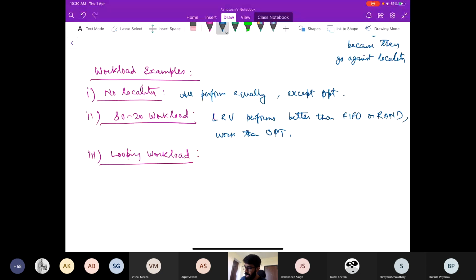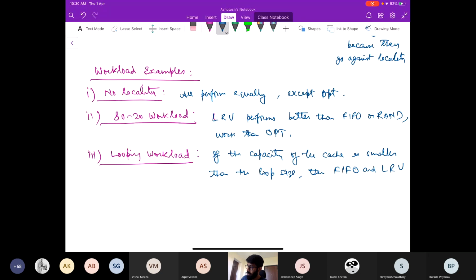So here something interesting happens: if the capacity of the cache is smaller than the loop size, then FIFO and LRU will result in 100% miss rate, while RAND will perform better.